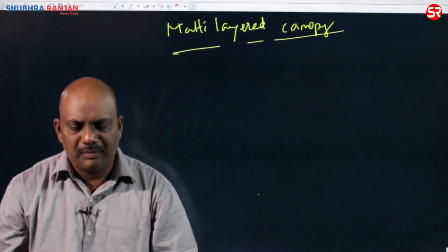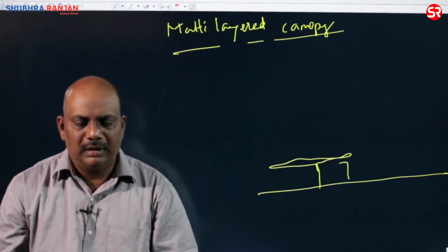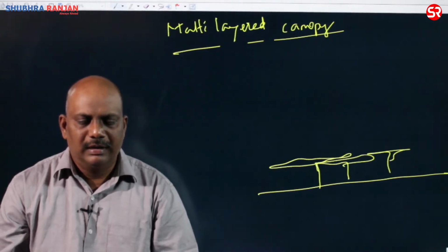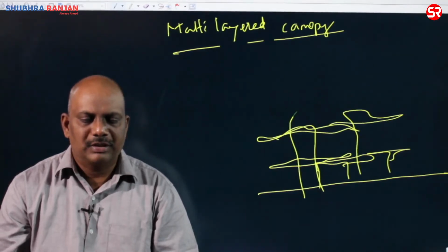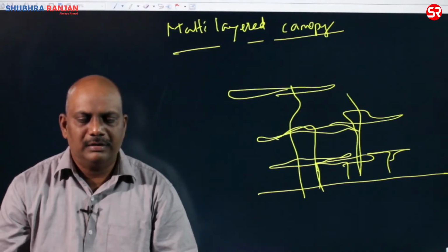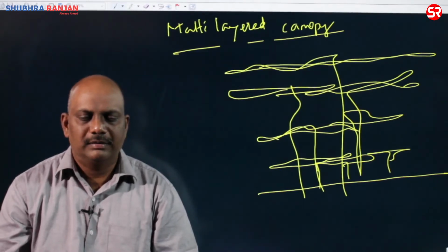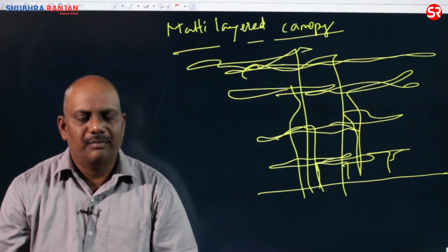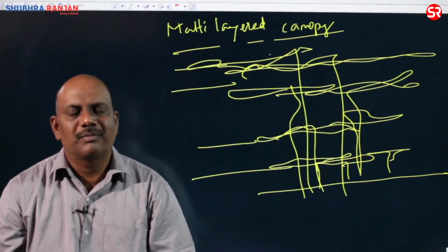That means there will be one layer of short trees, next layer of medium tall trees, next layer of tall trees, and there may be one more layer of very tall trees. 1, 2, 3, 4 layers.